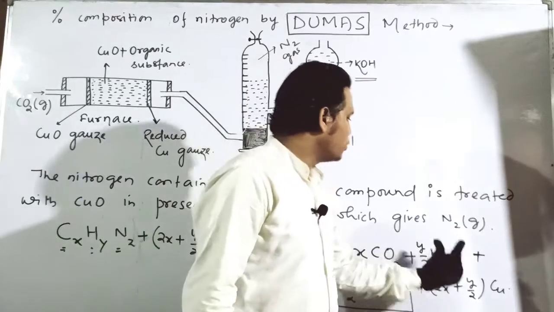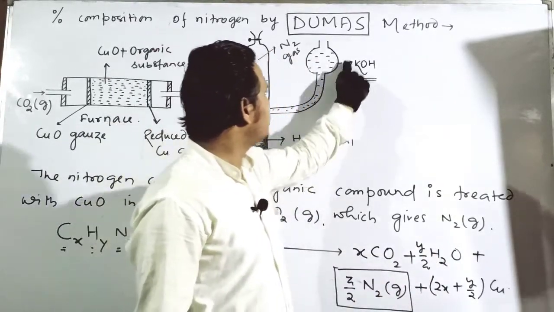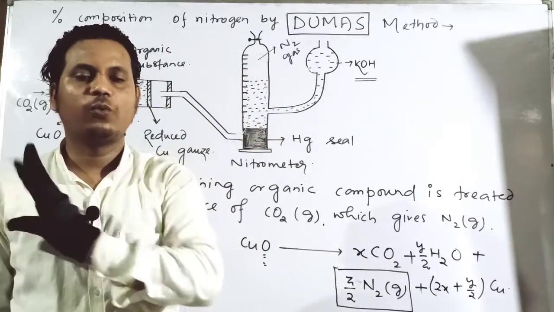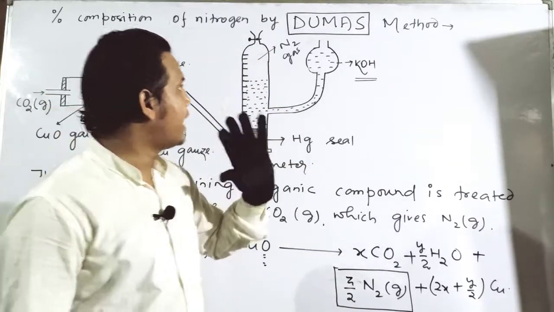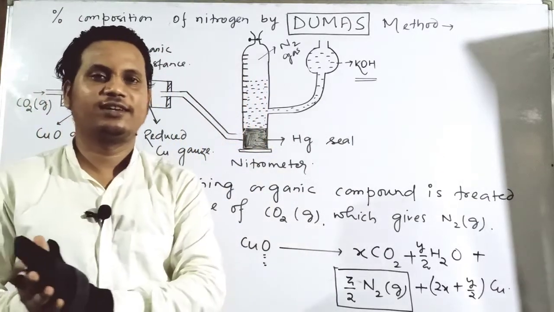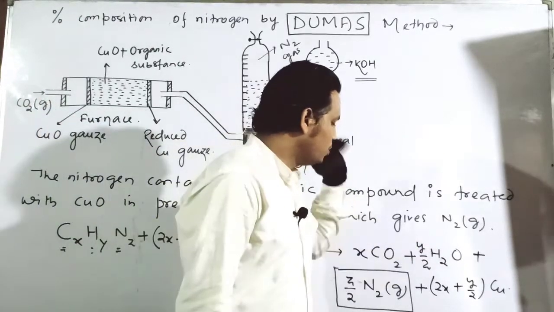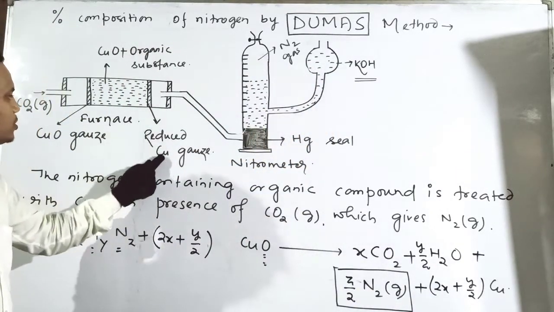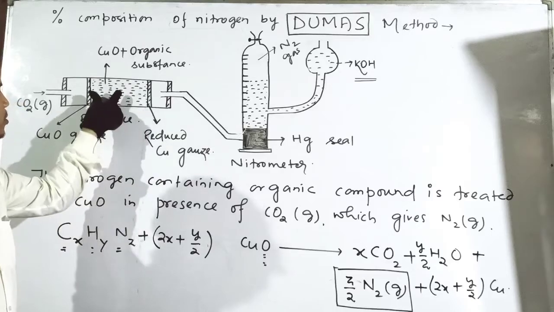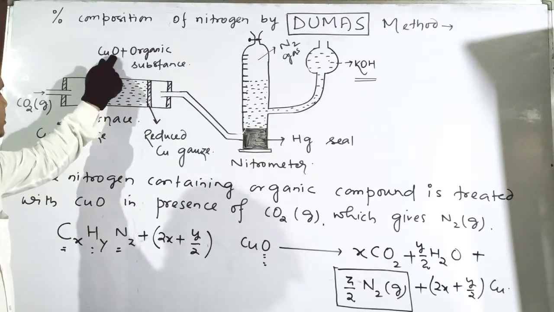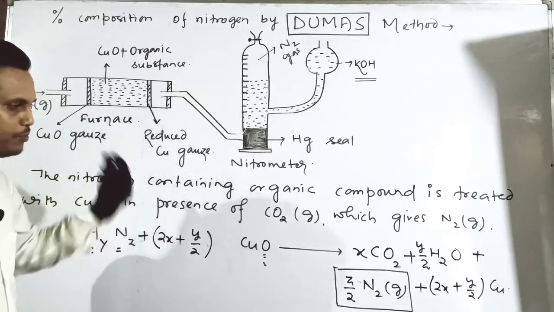Water is used to dilute the solution of potassium hydroxide. And copper is there. Reduced copper goes; whatever copper is produced from the organic compound and CuO will remain here.